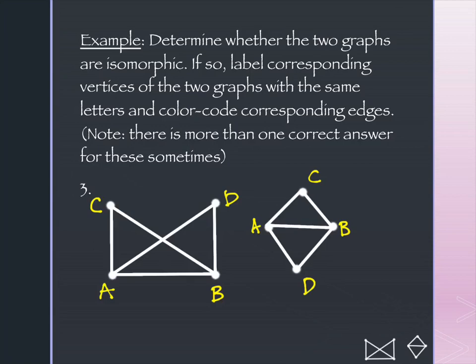All we're going to do is color code the corresponding edges. So AB in the left-hand graph is going to be colored the same as AB in the right graph. That's a little thicker than I wanted. Let's try it a little bit smaller. So like this, I'm going to color my AB pink here and here.